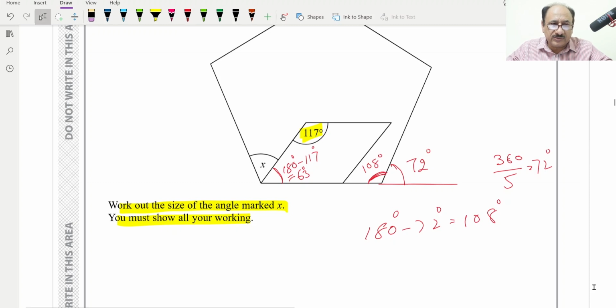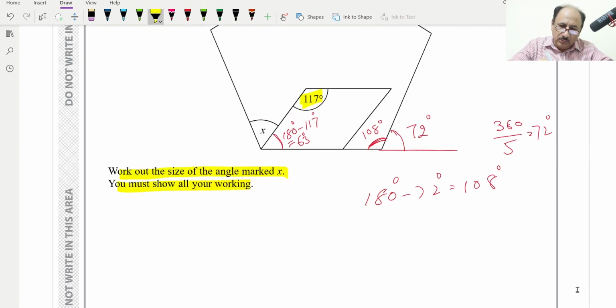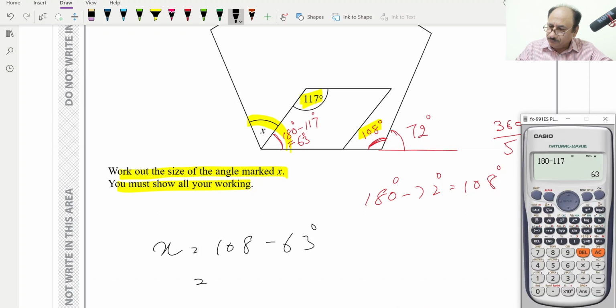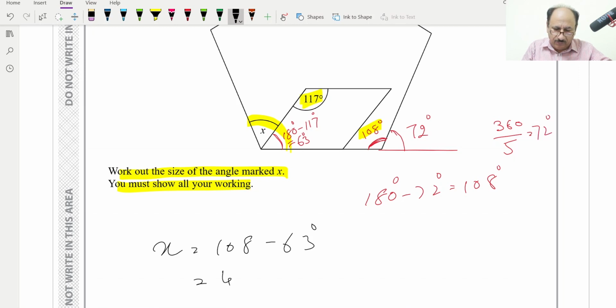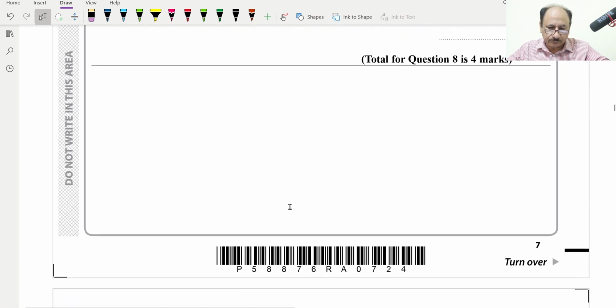Hopefully you are understanding this. So this complete angle is 108, so this angle will also be 108. So X will be equal to 108 minus 63 degrees, which is equal to 45 degrees. So the X value will be 45 degrees. Hopefully you understood this part also.